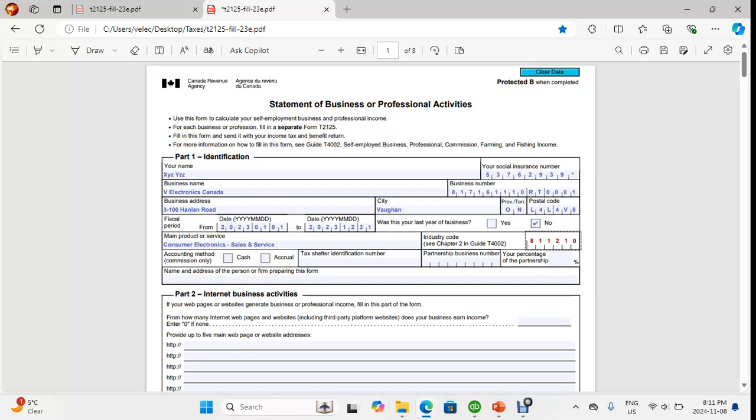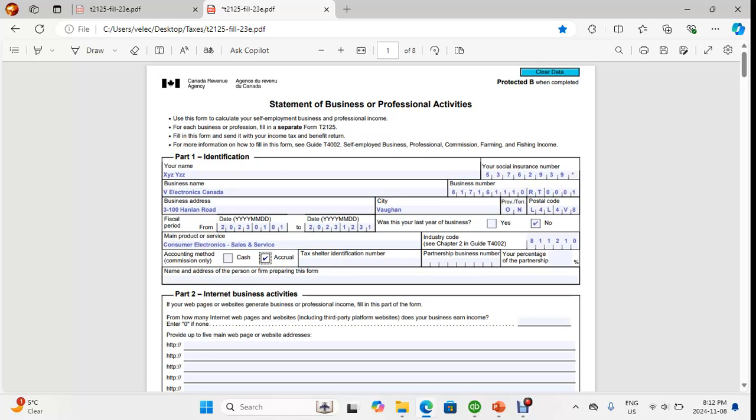So if your business is based on commission, it's based on service, so this is a professional business, you can use cash. Otherwise, you can use accrual. So this blank is for commission only.